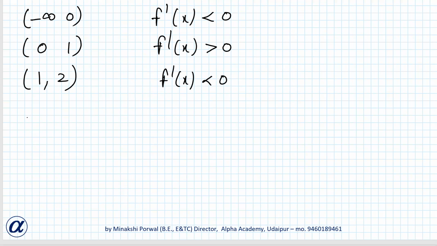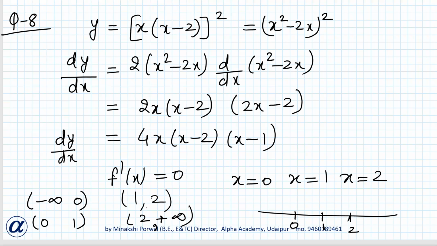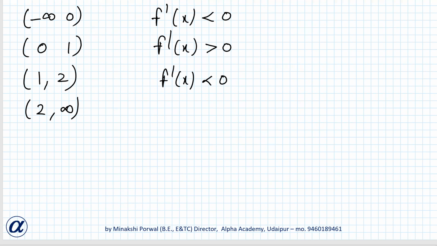Now from 2 to infinity, suppose I choose any value, 3. So 4 into 3, 3 minus 2, 3 minus 1: this is positive, this is positive, and this is positive. So all values will be positive, so f dash x will be greater than 0.